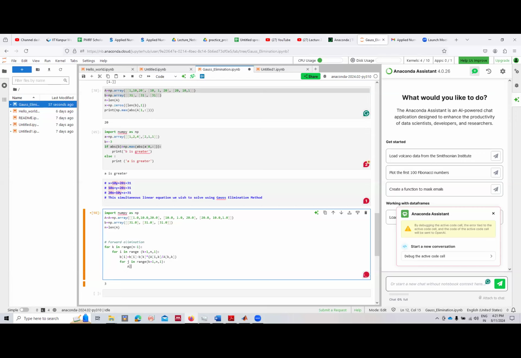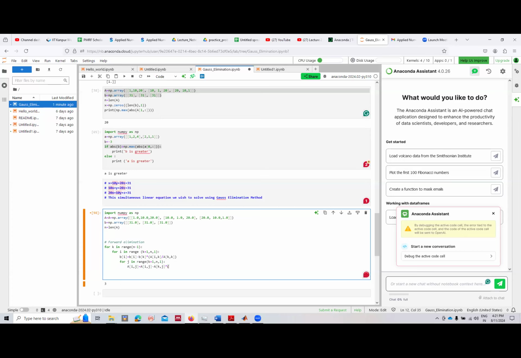So A i comma j, A i j will be equal to A i comma j. This will be equal to A i j minus A i j minus A k j.